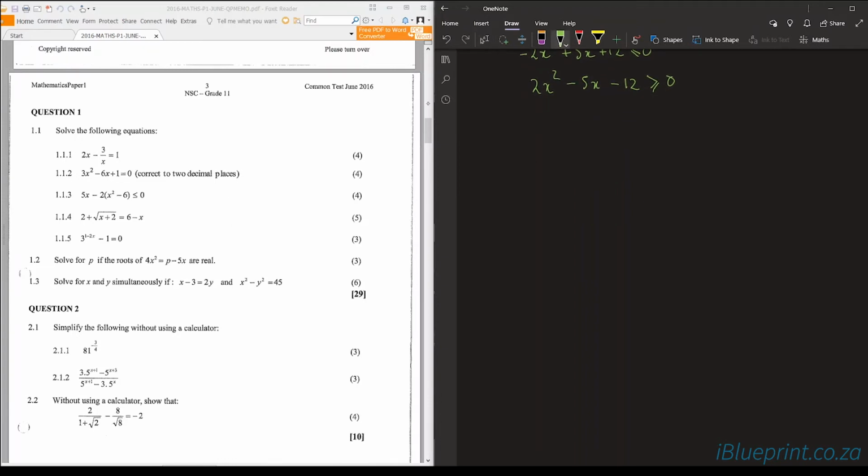Well, what you can imagine is, given a parabola, f of x is equal to, and you take the left-hand side, 2x squared minus 5x minus 12. What you can do is draw the x-axis, and then draw the parabola. Because it's positive on the x squared, it's going to look like that. All right.